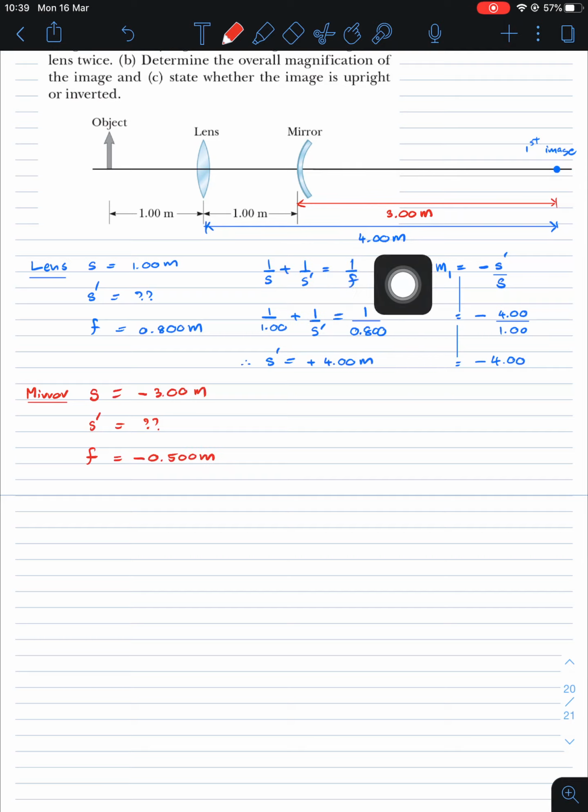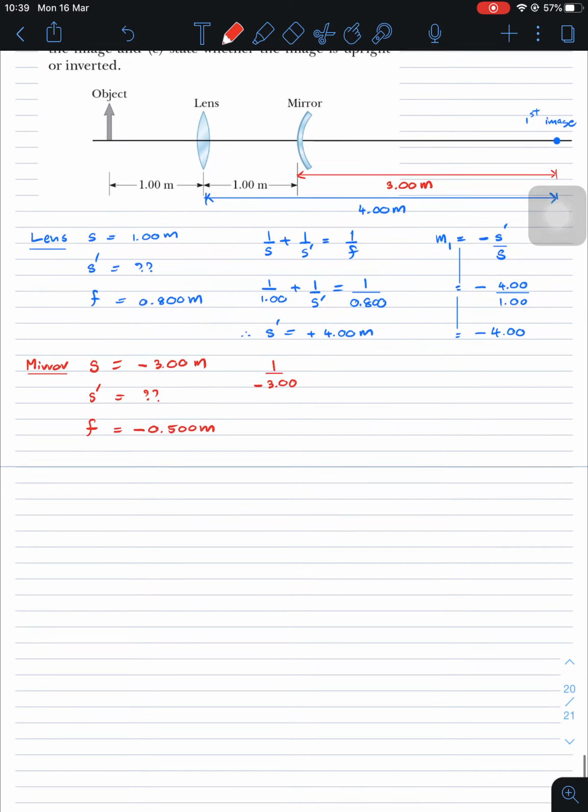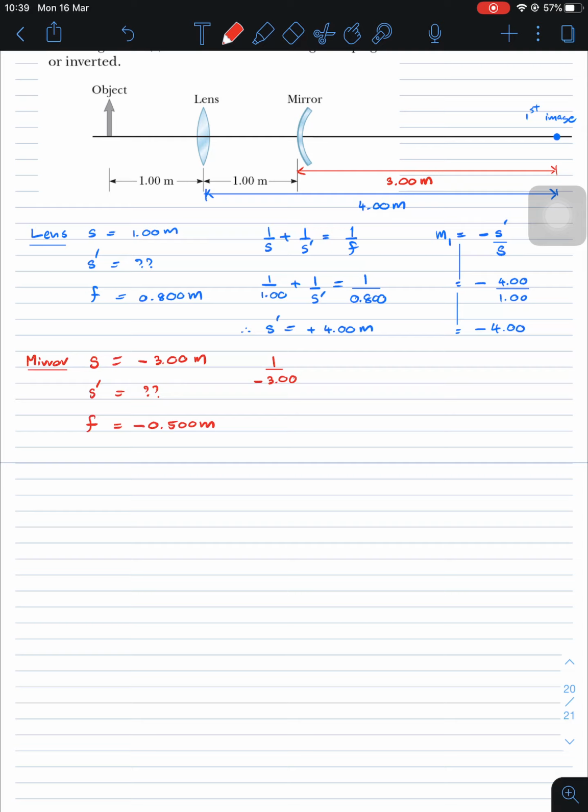Again, let's use this equation: 1 over S plus 1 over S prime equals 1 over F. The F is minus 0.5.